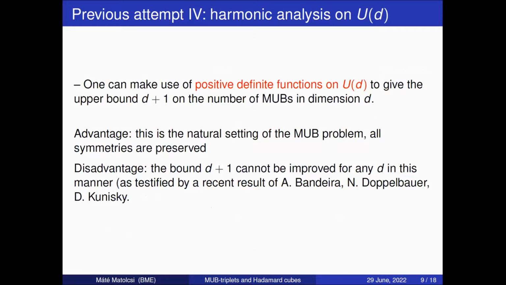And then we thought, okay, why don't we go back to the picture of unitary groups, where you try to select a special arrangement of d+1 elements in the unitary group.